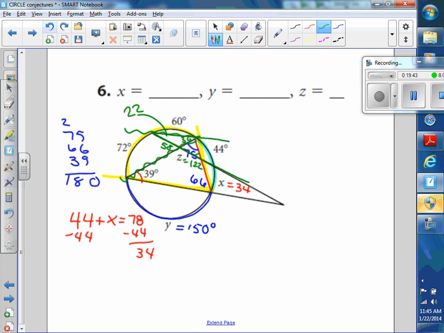Because Lily just learned this exterior angle theorem today, so I'm showing her how it works. She wasn't here for all the different days that we did that. How did we get X? Okay, how we doing on this? How did we get X? Remember 78 minus 44?